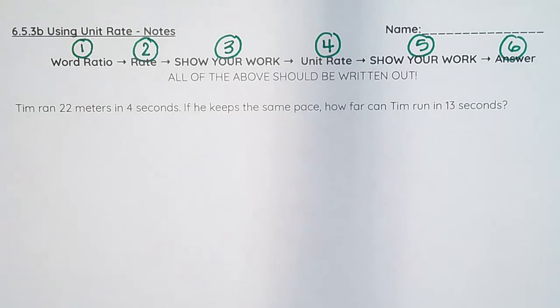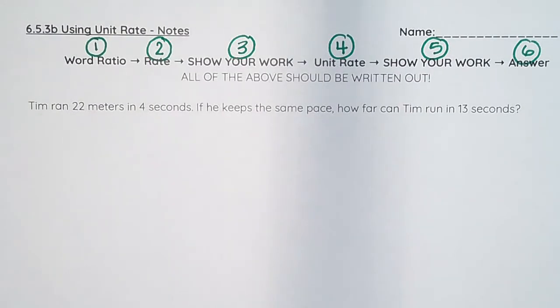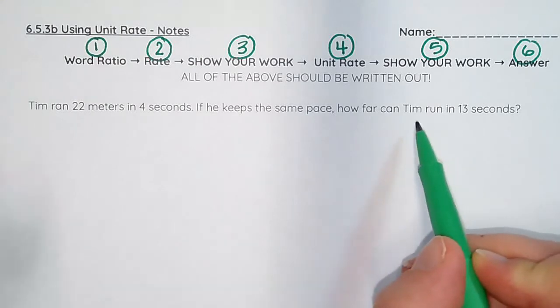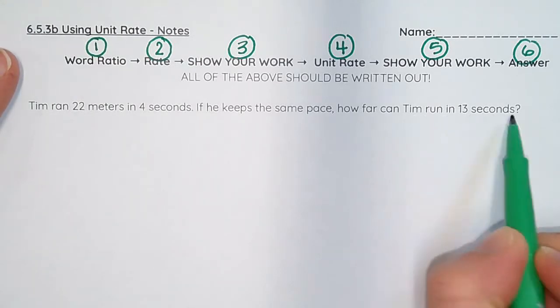So it says Tim ran 22 meters in 4 seconds. If he keeps the same pace, how far can Tim run in 13 seconds? Now, the first thing we need to do is our word ratio. We need to ask ourselves, what do we want one of? A lot of times, we want one of whatever our question is. So it says, how far can Tim run in 13 seconds?